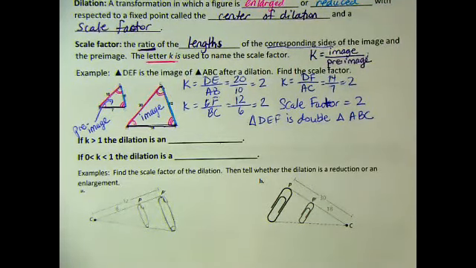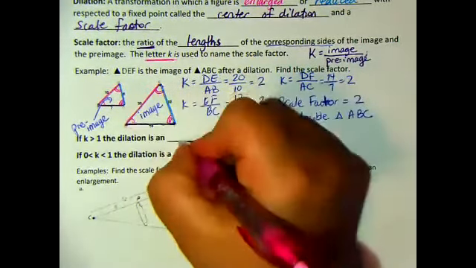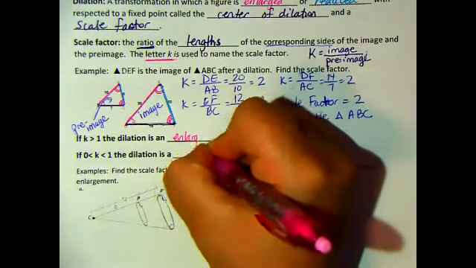Okay. So there are some rules about K, our scale factor. If our scale factor K is a number that is greater than 1, like in this situation here, we had a 2, or it could be 1.5, any number that's greater than 1, then that dilation is considered an enlargement.